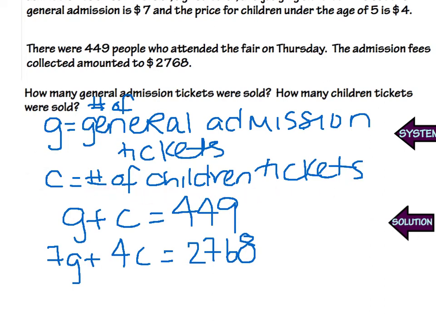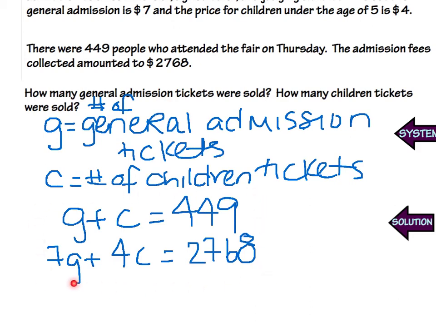Because they really only gave me two things to work with here, the number of tickets sold, which means general admission tickets plus children tickets had to equal 449. And the other information that they gave me was about money and the cost that they collected. So they collected $7 for each general admission ticket, plus they also collected $4 for each children ticket. And they told me that that equaled $2,768. From here, I have a system.